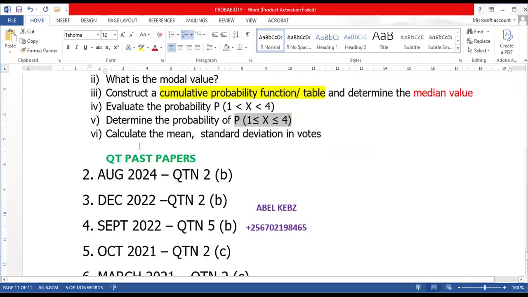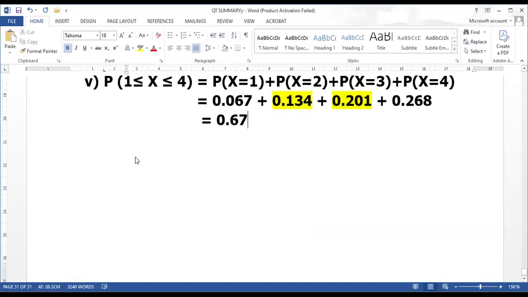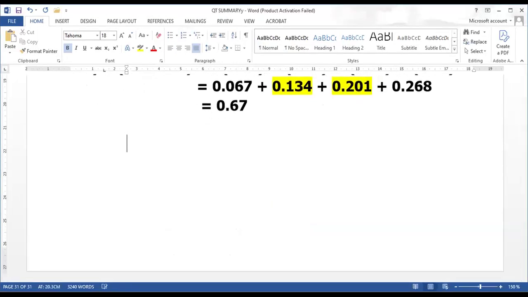Then next, the last one, calculate the mean and the standard deviation. Now, when you're calculating the mean and standard deviation, the mean is equal to the expected value. Also, these are free marks. This is Roman 6.